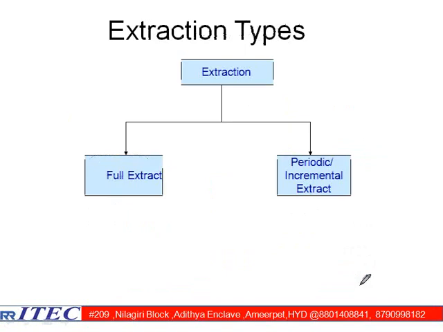Full extract means overriding the entire data of the target, the entire data we are taking. Incremental extract means only whatever changed data and new data is available, only that data we are taking. Fine, that point is very clear.